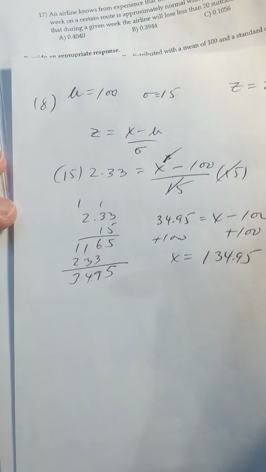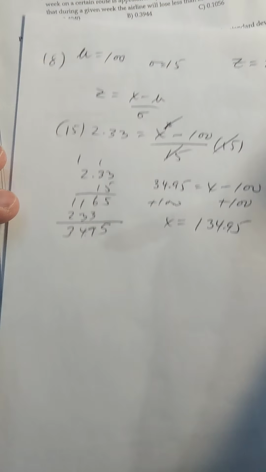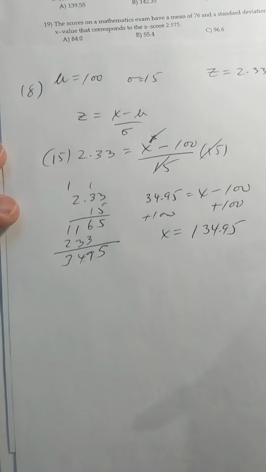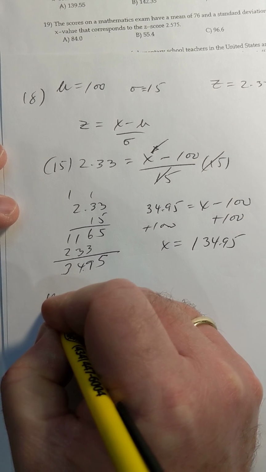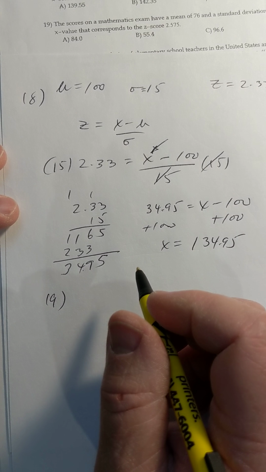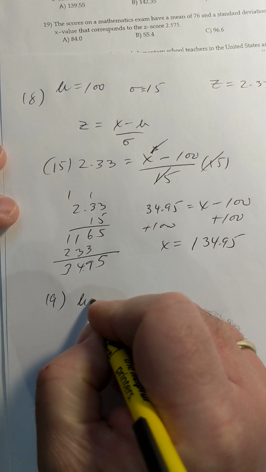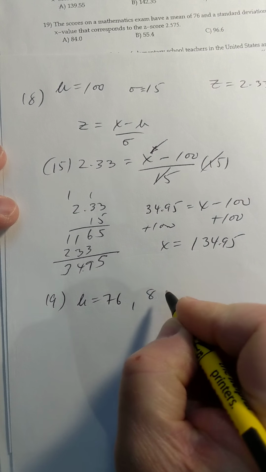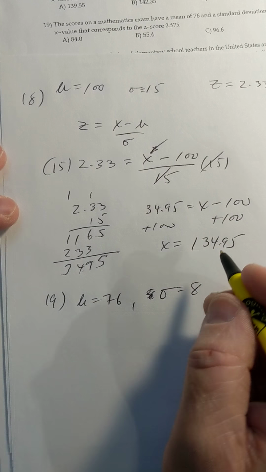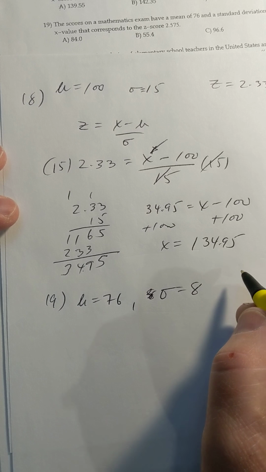Looks good. Number 19. The scores on a mathematics exam have a mean of 76 and a standard deviation of 8. Find the x that corresponds to a z-score of 2.575.